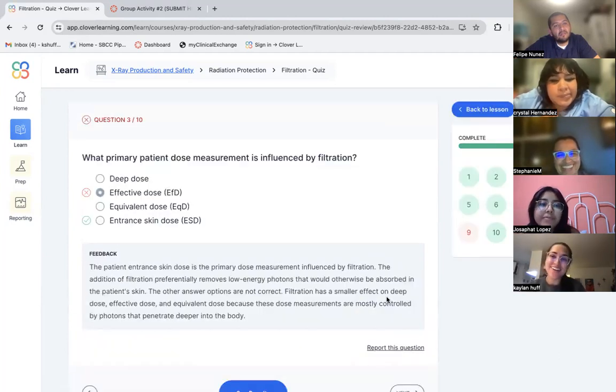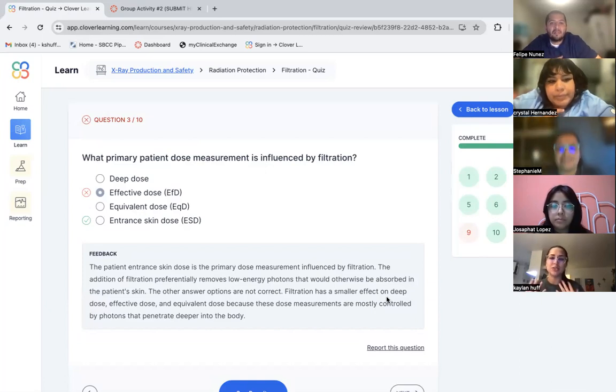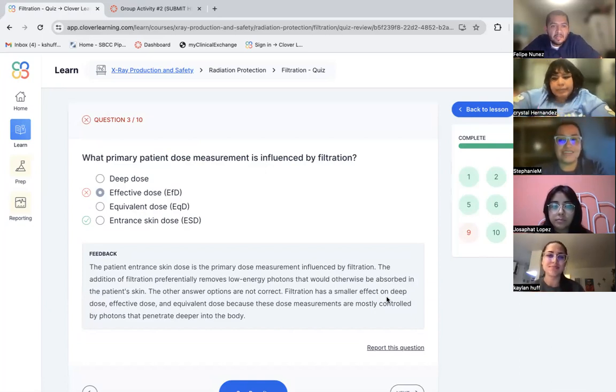Well, here we are. Number 3, I got wrong. Primary patient dose measurement is influenced by filtration. I think this one was tricking me up because I was thinking patient dose as effective dose with the tissue, how we learned in physics, but it's more of the skin dose.